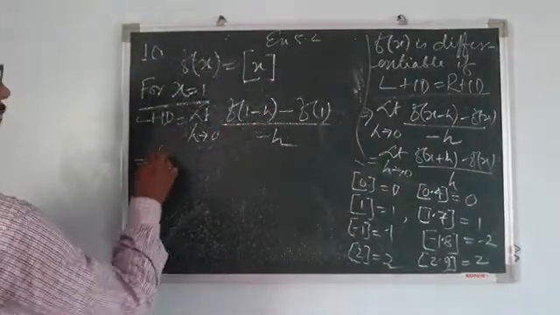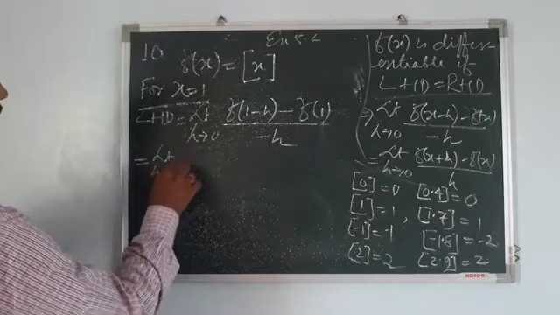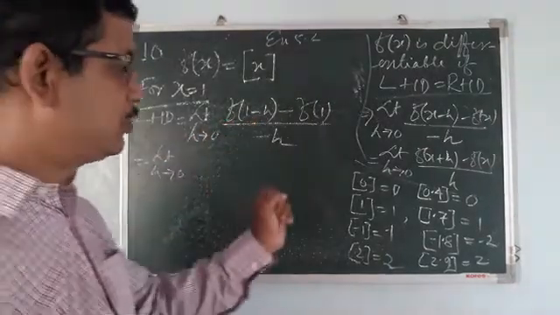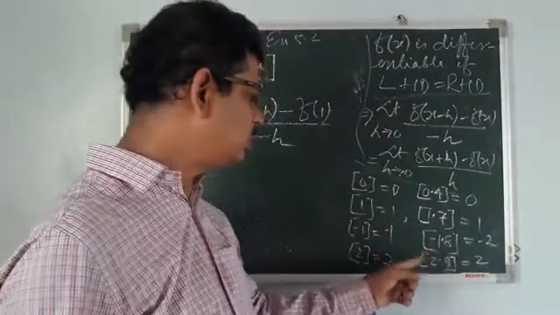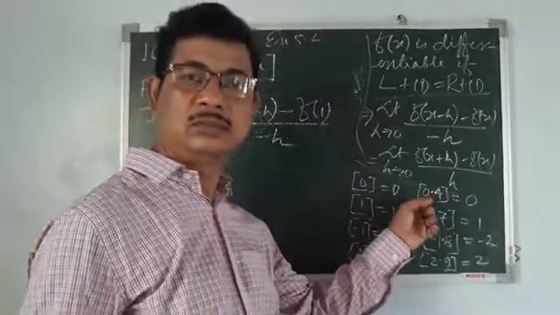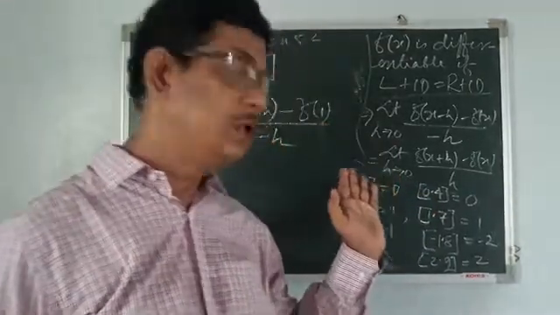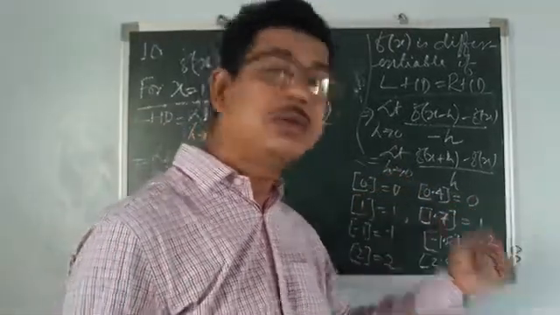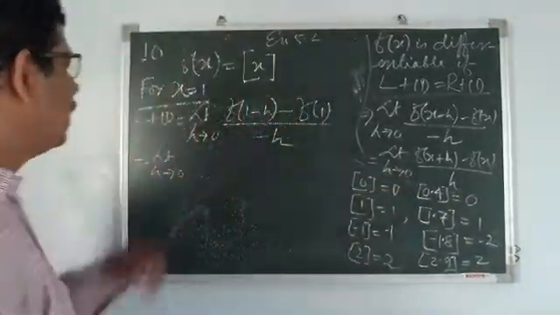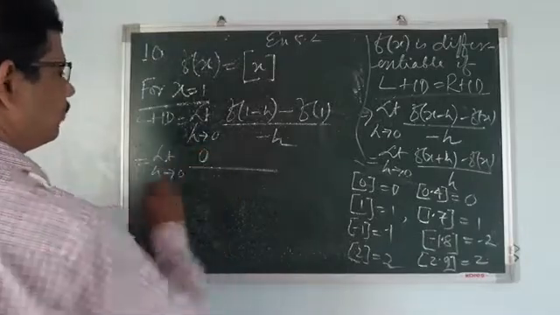Now think of this integer function. 1 minus h is a little less than 1. It is not less than 0, it is just less than 1. Then what is the value? 0.